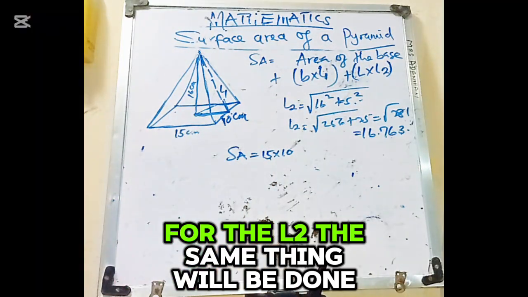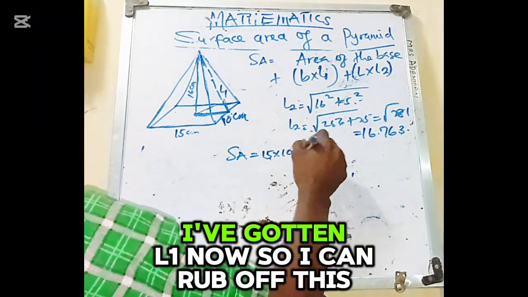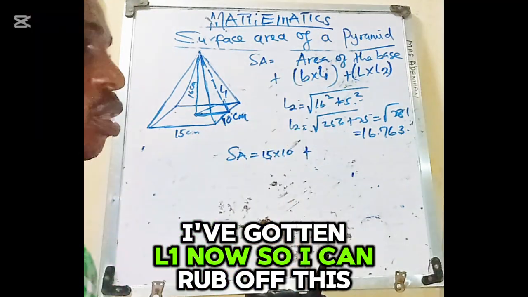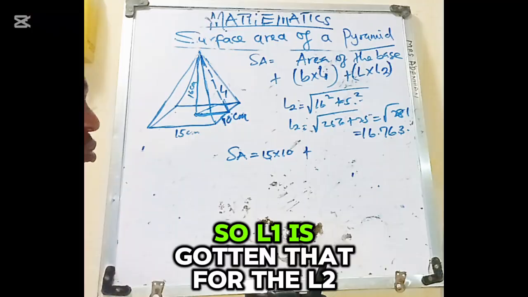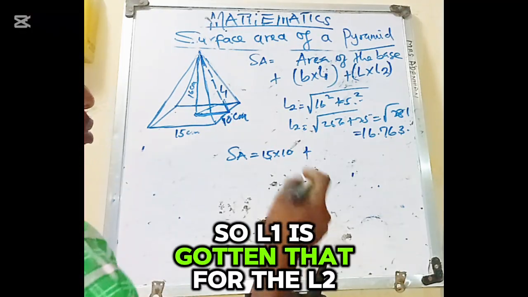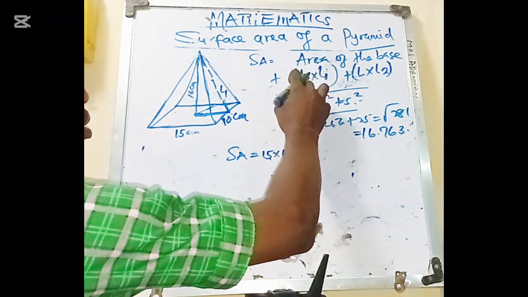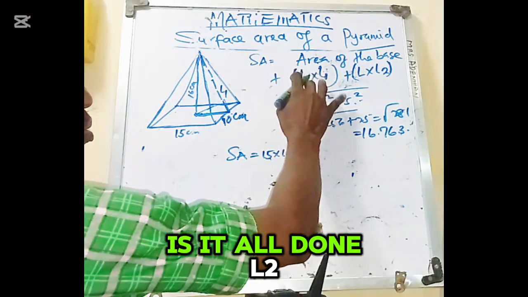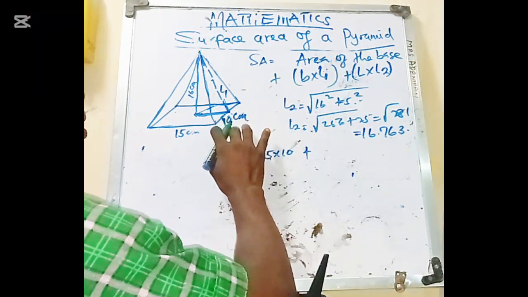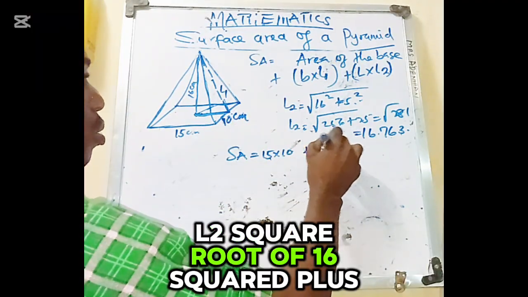The base is a rectangle, 15 times 10, plus the breadth, which is 10, times L1.